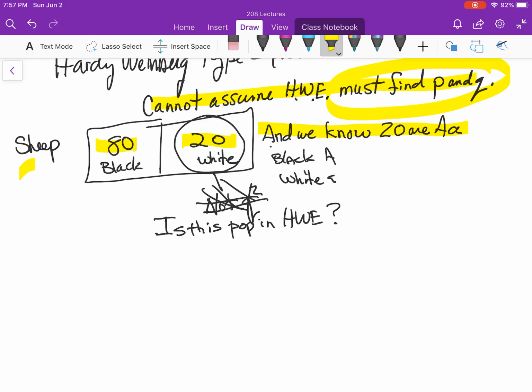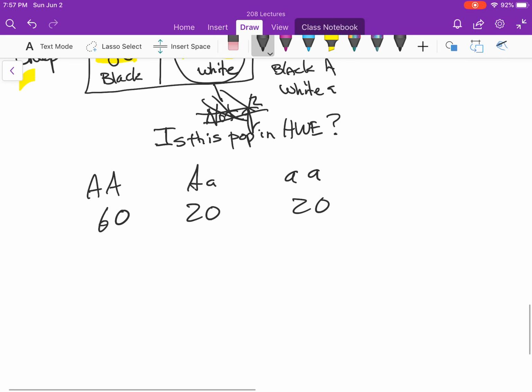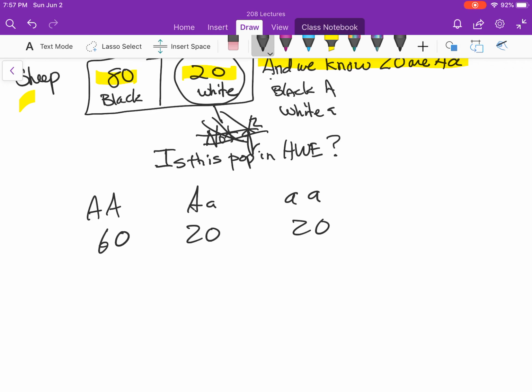So right away, in the different genotypes here, we know that 20 are here, 20 are here, and that means 60 must be here. So there we are. Now from this, we can calculate P and Q. These may or may not be P squared plus 2PQ plus Q squared. We can't assume they are, so let's move forward.